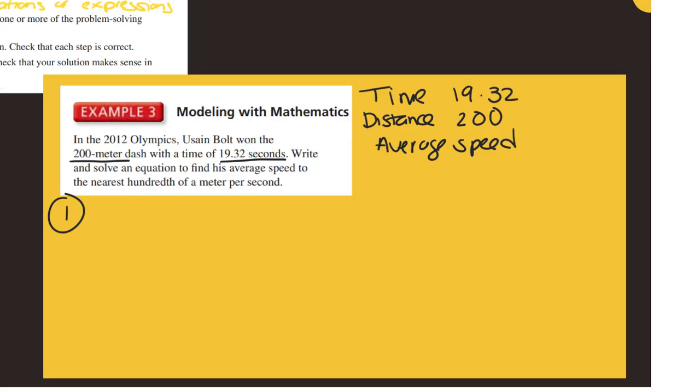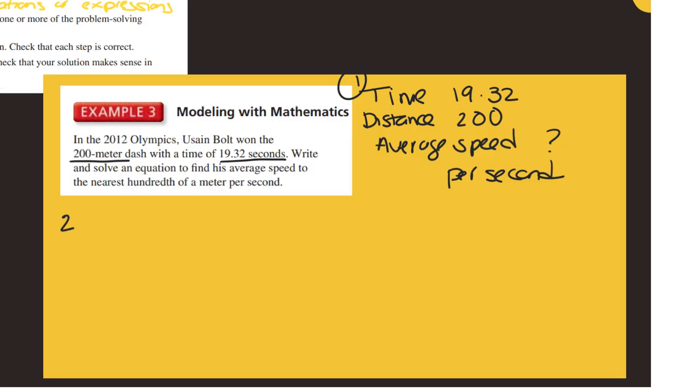So that means after a decimal point, 2 places, correct? Per second. Okay, so this is what we need to find. So we found step 1, we understand the problem. Let me move 1 over here.